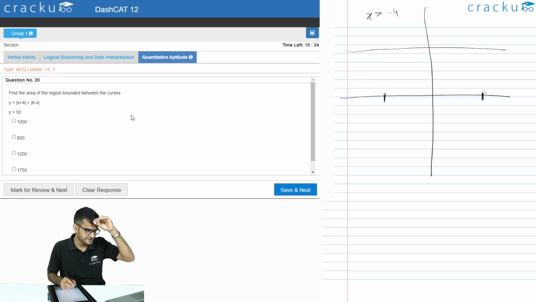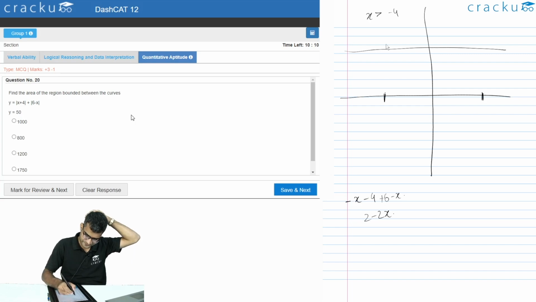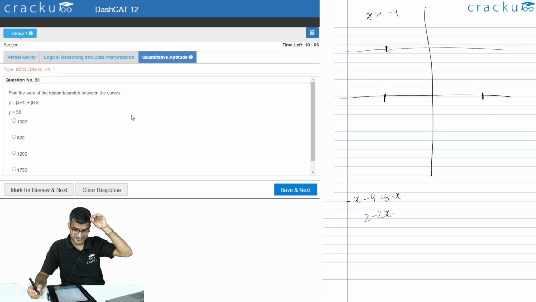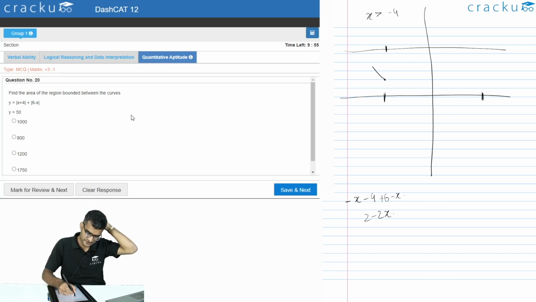What will happen if x is less than -4? Minus 4 plus 6 minus 6. This is 2 minus 2x. 2 minus 2x. And what will happen when x is actually equal to -4? This is 10. Y is equal to 10. So it will be over here. Okay, and it will go up like this.